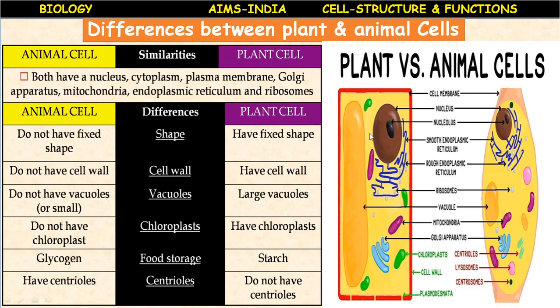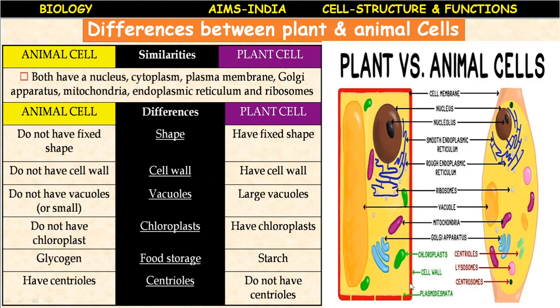If you see the shape of the plant cell and animal cell, plant cells possess a fixed shape, but animal cells do not have a fixed shape, they are of different shapes. Next, the cell wall, a typical structure.